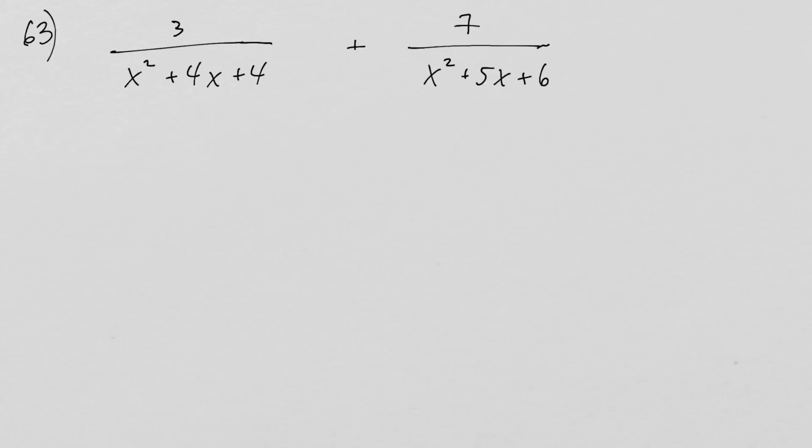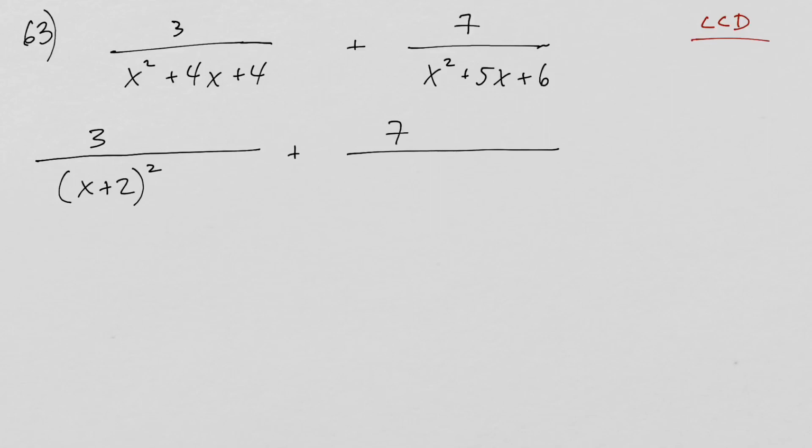Okay, before I can figure out my LCD, I need to factor my denominators. So here I have 3 over, and this is going to be x plus 2 quantity squared. This is 7 over, and down here I have x plus 2, x plus 3.